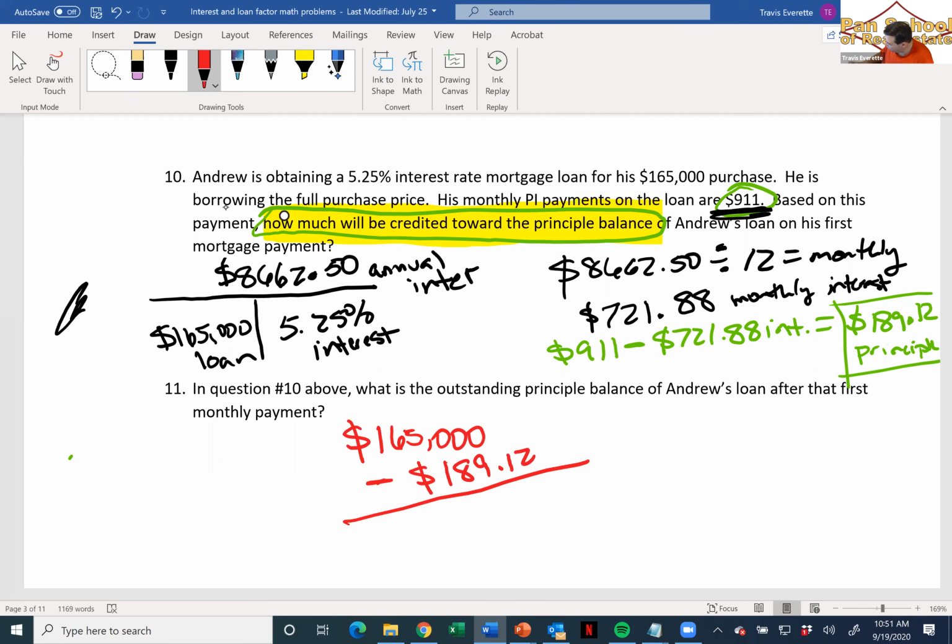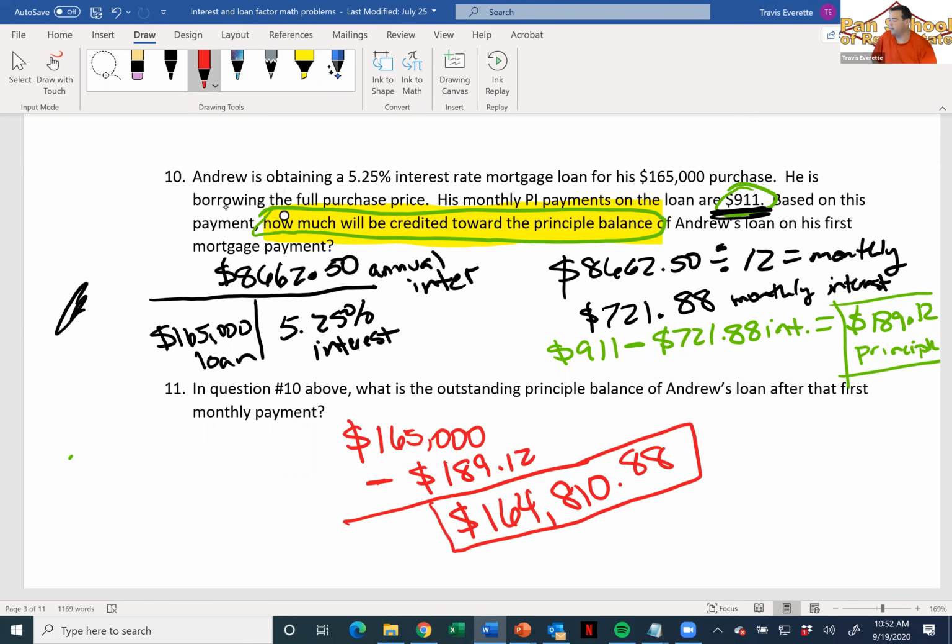And so what I come up with for a new loan balance after that payment is $164,810 and 88 cents. And if you got 87 or 88, that's fine. It doesn't matter. Does that make sense for everybody how we got to that loan balance though?